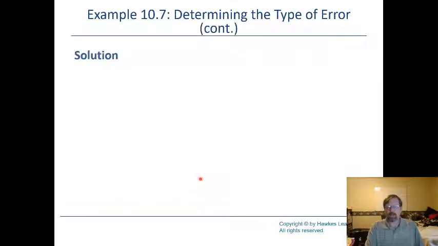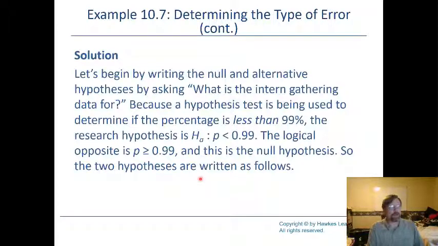Okay, so first step is, of course, to figure out what our hypotheses are. Research hypothesis is going to be determine if the percentage is less than 99%. The null hypothesis, or what the executive thinks it is, is going to be greater than or equal to 99%. Right?